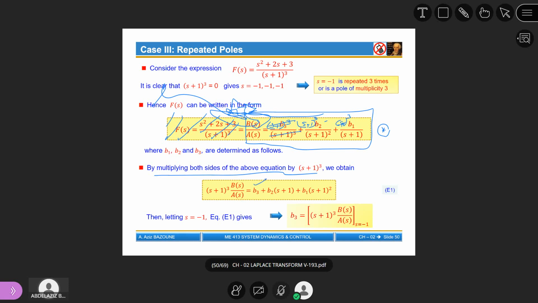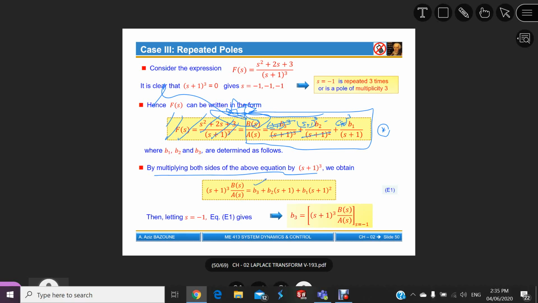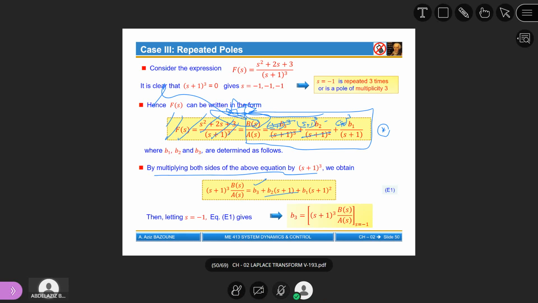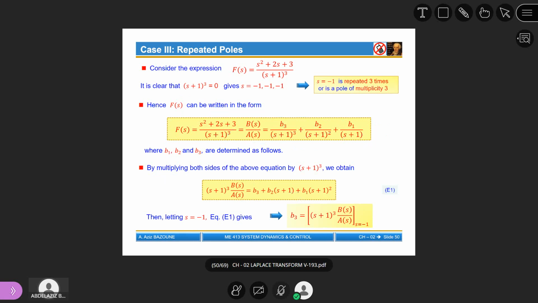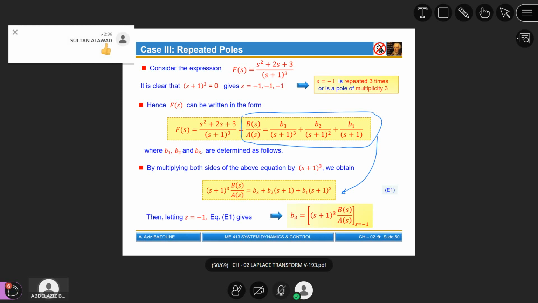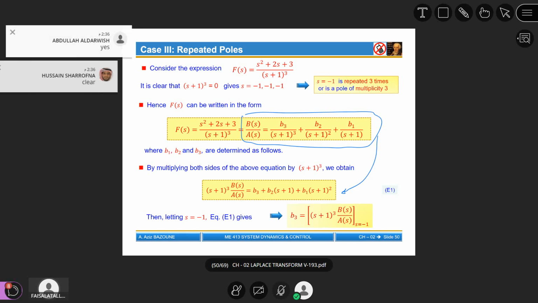I simplify squared with cubed, I end up having this one here. I simplify s plus 1 with s plus 1, I end up having this. Is it clear, Shabab? So we multiply by s plus 1 cubed both sides, from here to here. Did you get it, Shabab? Okay with me? Are you following? Both sides.